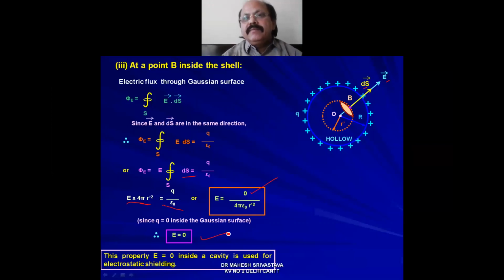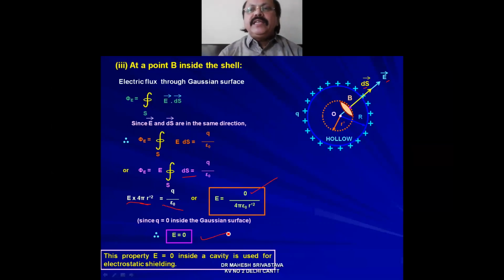Magnetic field lines are closed curves, but electric field lines always lie from one body surface to another body surface. It means inside the body there is no electric field, that is no electric charge, and that property we have to use in a phenomenon called electrostatic shielding, that I will explain later on.